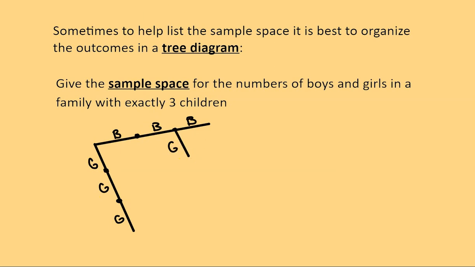Or we could have 1 boy and a girl and a boy. Or we could have a boy, a girl, and a girl. In the same way, instead of having 3 girls, we could have 2 girls and a boy.